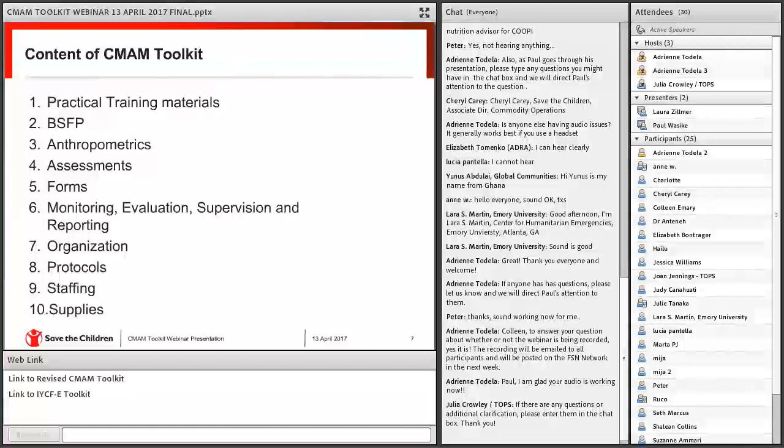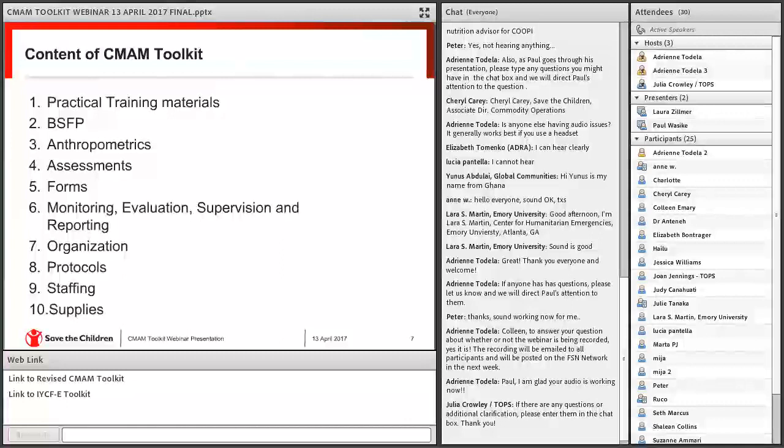Then we have protocols. Again, one of the sections that there was a lot of feedback. Apparently there are lots and lots of protocols out there, tried and tested. And we've tried to put a number of them together. And this is one area the revision team members actually suggested there might be need to check with different users on different protocols before they are officially disseminated.